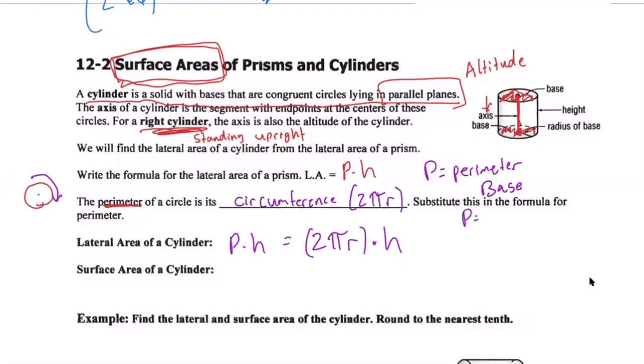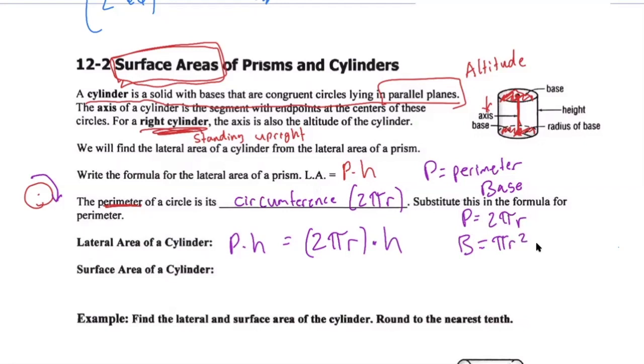So again, the perimeter is 2 pi r. What are we going to use for the base area then? What formula? Tap it out, say it. Area of a circle. Yeah, pi r squared. Thank you.